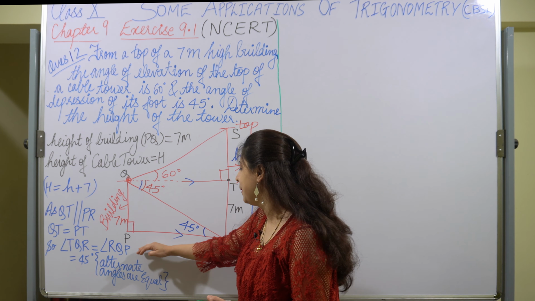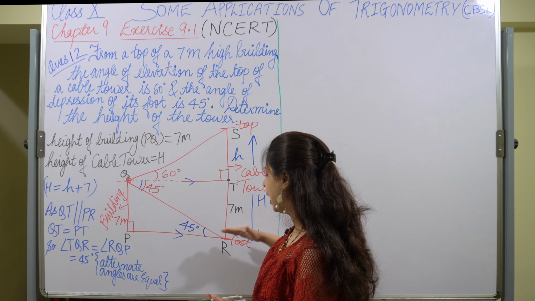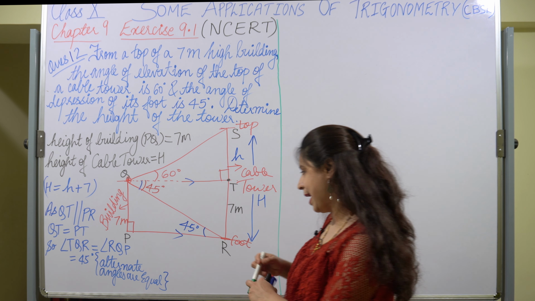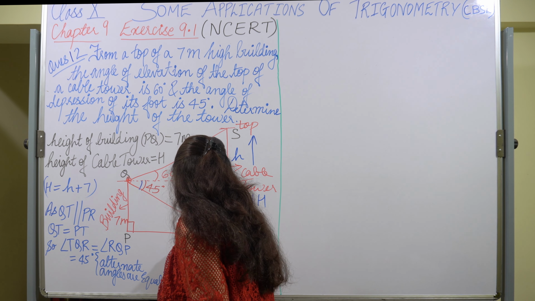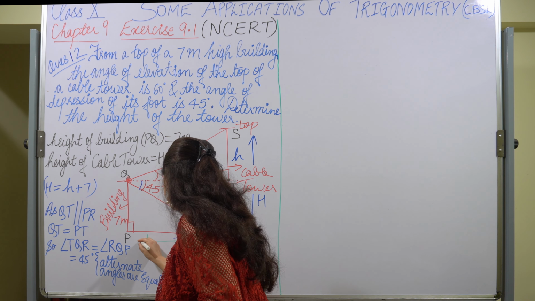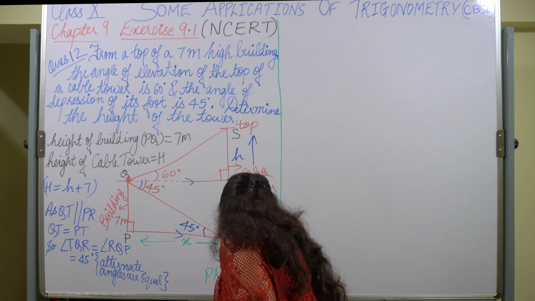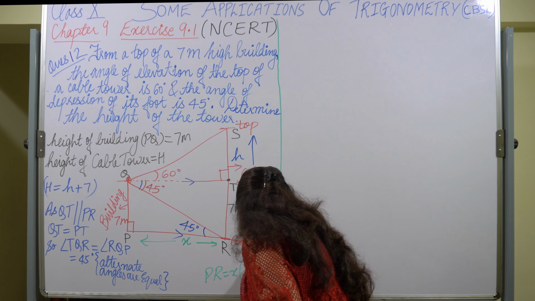Okay, so here PR is the ground level, you can say. That also we don't know, so we can just mark it to be X. So PR is equal to X, and it is equal to ground level.